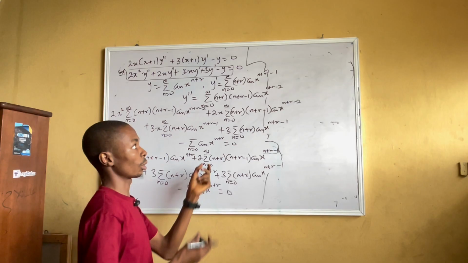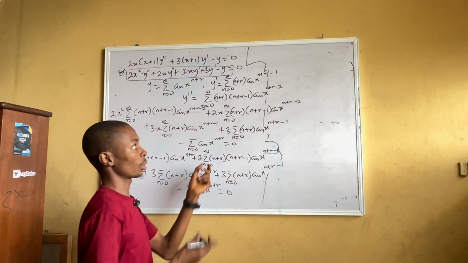Okay, and this will be 3 summation n from 0 of (n plus r) a_n x^(n+r), plus 3 summation n from 0 now. Instead of 1, it will now start from 0 to infinity.